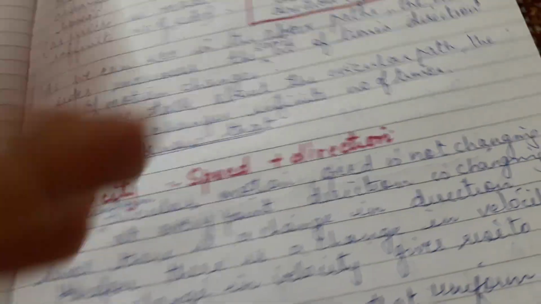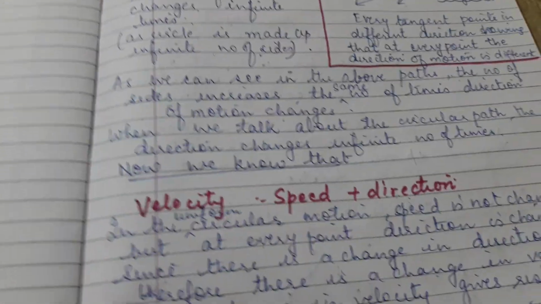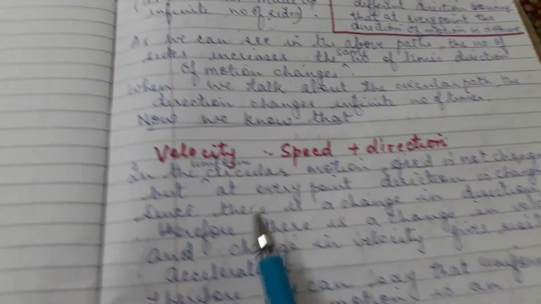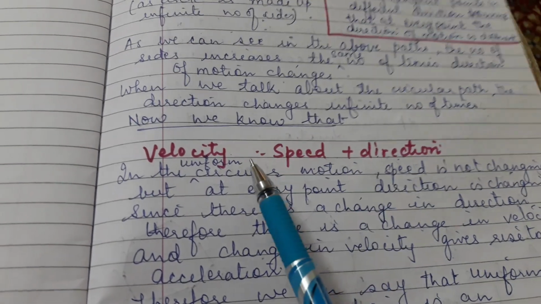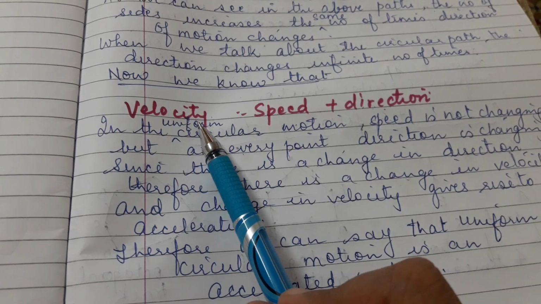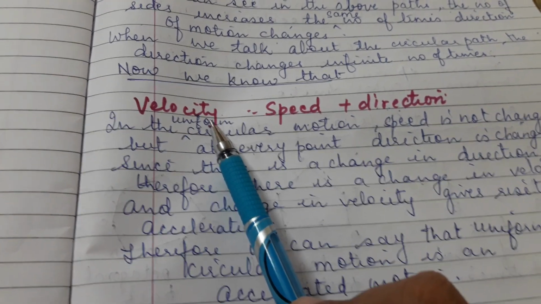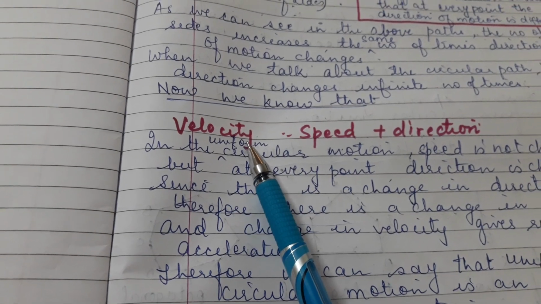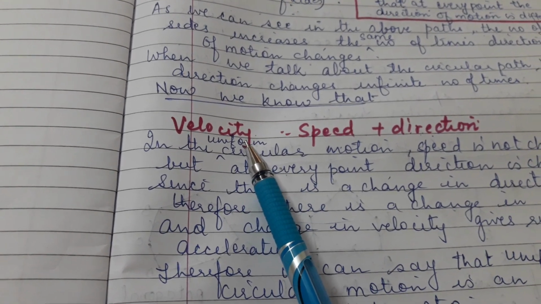I repeat, velocity is changing because direction is changing. Hence we can say that direction is changing, velocity is changing, and since there is a change in the velocity, there is acceleration in the object or in the athlete. I will repeat again.